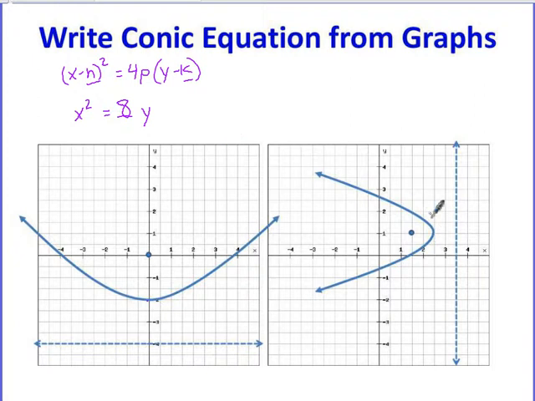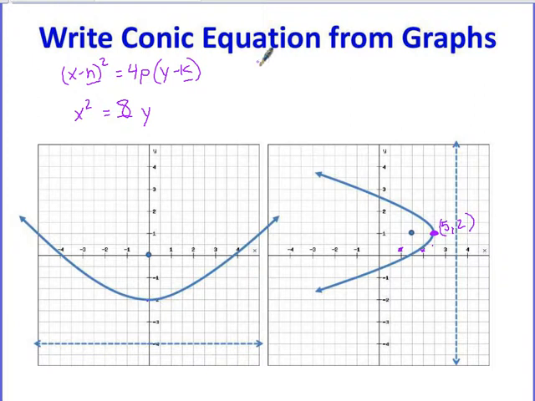Okay. Here we have a sideways parabola, so I know it's going to be y². So where's my vertex? We're going to count by ones here instead. So 1, 2, 3, 4, 5, and 1, 2. So I'm going to call that (5, 2).